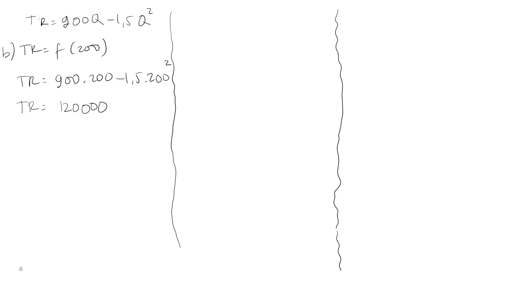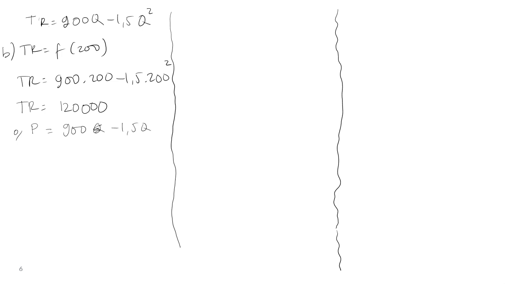Let's check it together. Yeah, 120,000. Now, I forgot to mention the price, because the question is also what is the price when Q is 200. So for P, again, you can use the previous result, 900 minus 1.5Q.